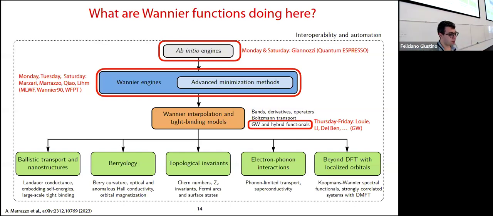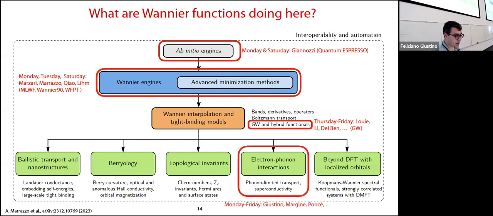So you can interpolate GW band structures more or less as you interpolate DFT band structures. And then, of course, there is electron-phonon interaction, which is the key topic of the school. And there all these lectures by Feliciano, Agostino, Roxana Margine, and Samuel Poncé and others will use Wannier interpolation to calculate electron-phonon coupling related properties.